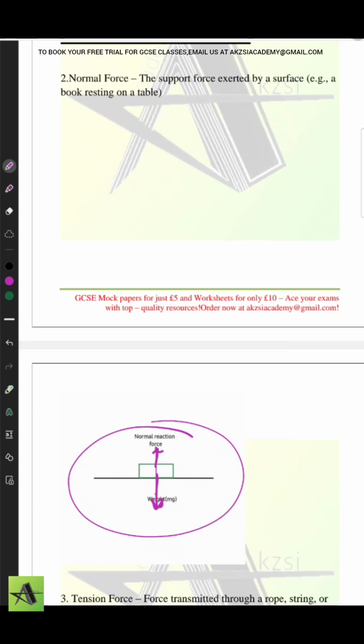Understand why it's happening: if the table doesn't push the book upwards, then your book will crumble inside the table. So in order to sustain everything, the table has to apply an equal and opposite force, and that's your normal reaction force. You can clearly see the contact is very important, hence it's a type of contact force.